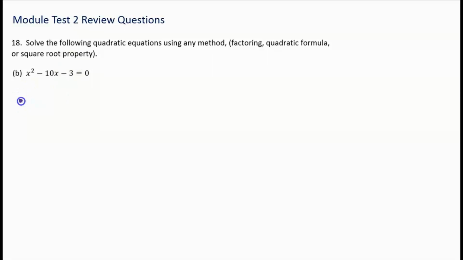So we have A, if I get my pen right, stand by. You go ahead and pick them out. So A is equal to 1, B is equal to negative 10, and C is equal to negative 3. Alright?